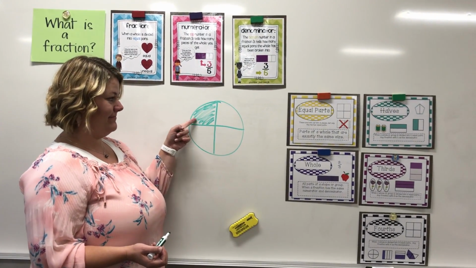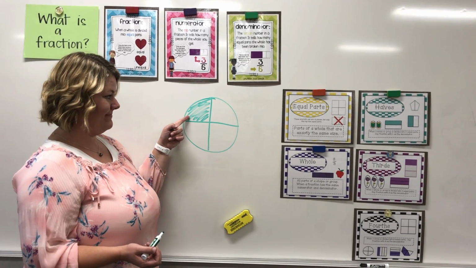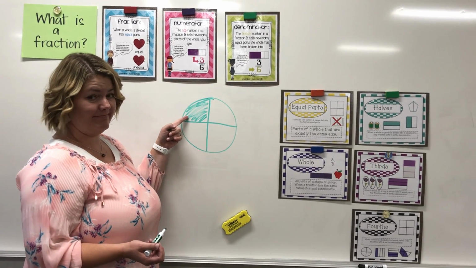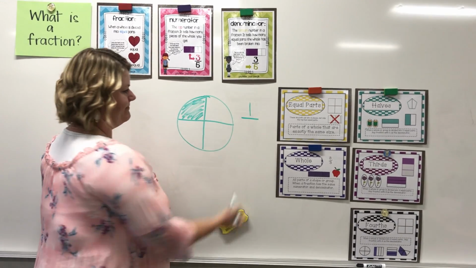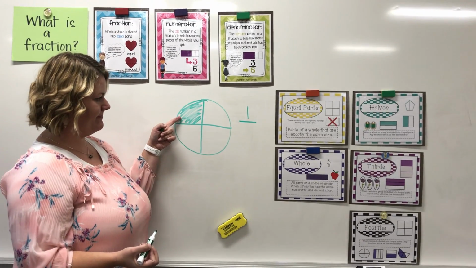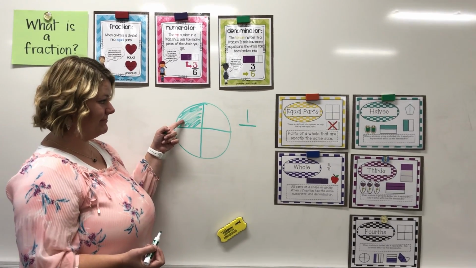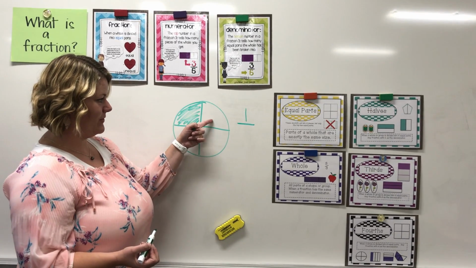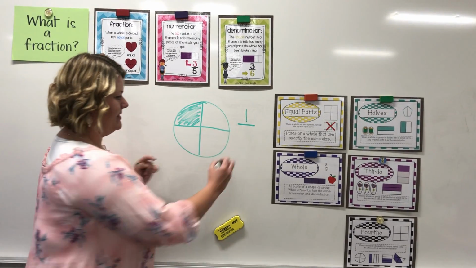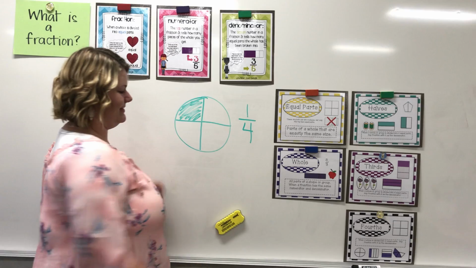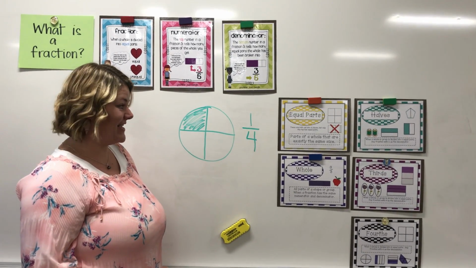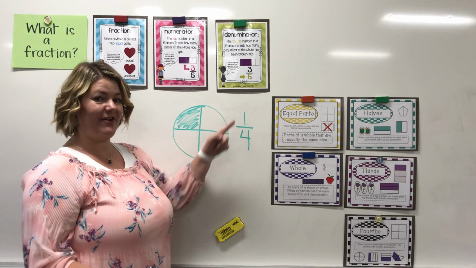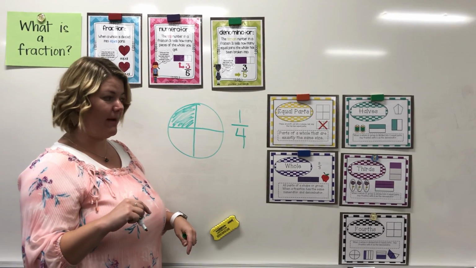I know that there's one piece colored in, which is the numerator, so the top number is going to be a 1. My denominator, which is my bottom part, is 4 because there's 4 equal size pieces. So my fraction is 1/4. Yes. Perfect. And that's actually called a unit fraction because it has a 1 on the top.